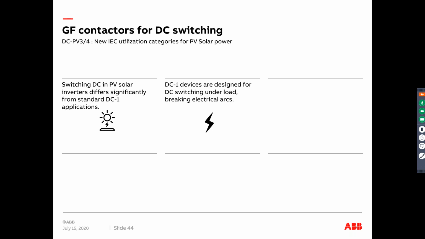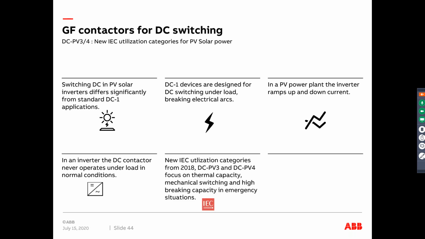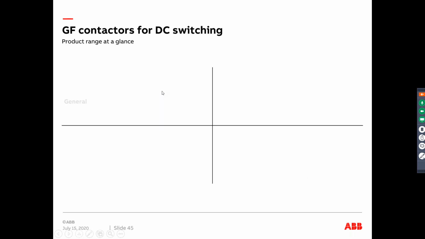DC1 devices are designed to switch under load, whereas that doesn't happen in solar, as ramping up and down is done by the inverter. In the new IEC utilization categories from 2018, there are categories DC PV3 and DC PV4, especially for solar applications. ABB is the first company to launch this, and we are certified for PV3 and PV4 applications.